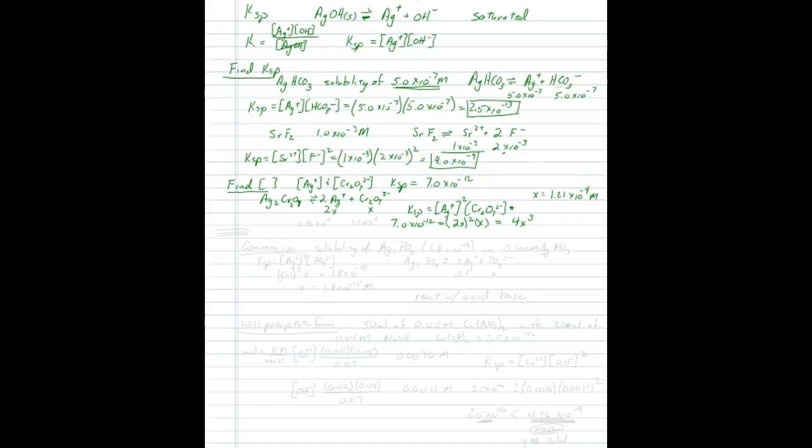Now I'll bring it back over here. This is going to be 1.21 times 10 to the negative 4 for the dichromate, and double that, 2.42 times 10 to the negative 4 molar for the silver.